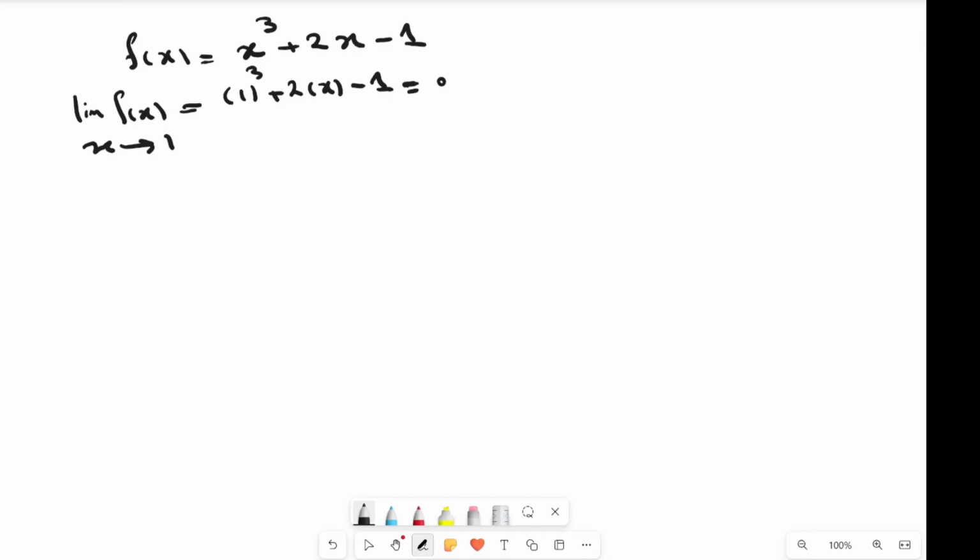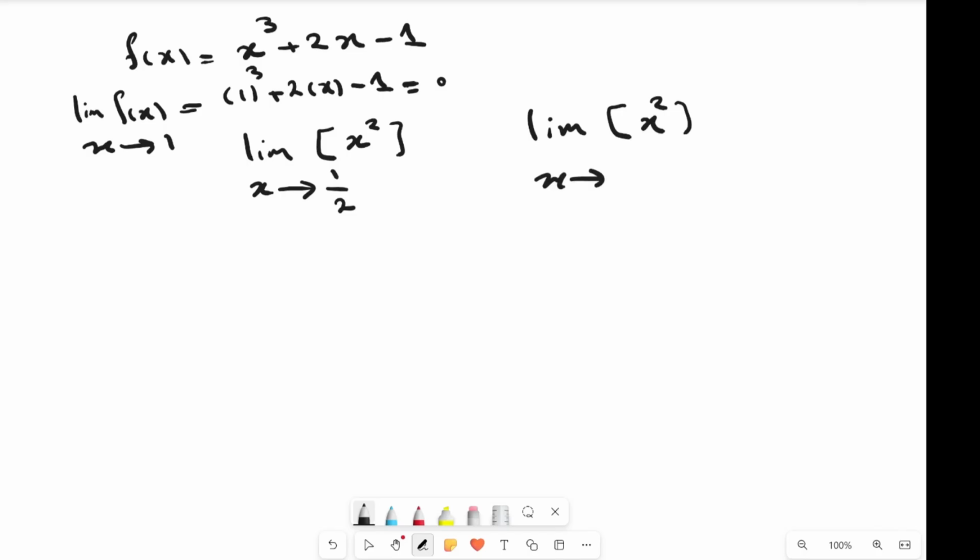But it's not always so easy like this. For example, if you're going to calculate the limit of the bracket of x^2 as x goes to 1/2, or the limit of exactly the same function as x goes to 2. Although the functions are the same, the result and how you're going to calculate it is totally different.